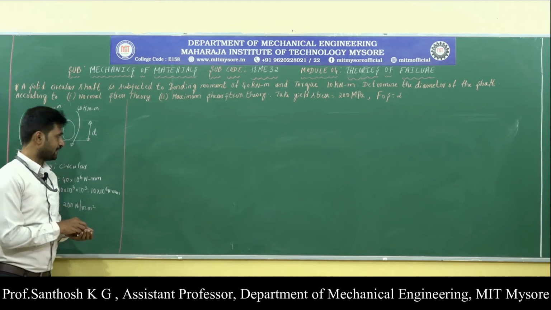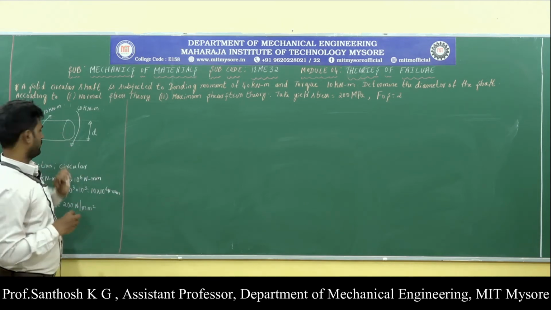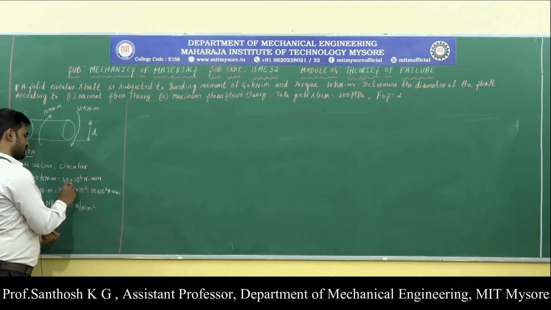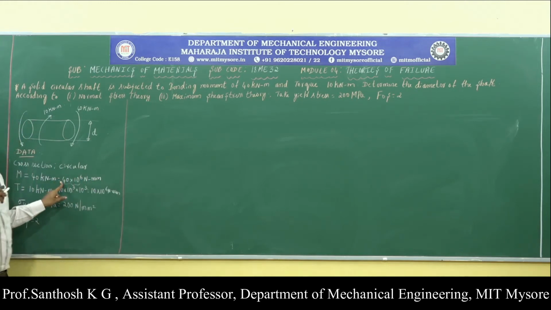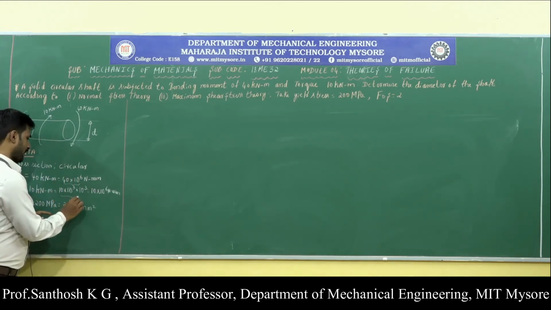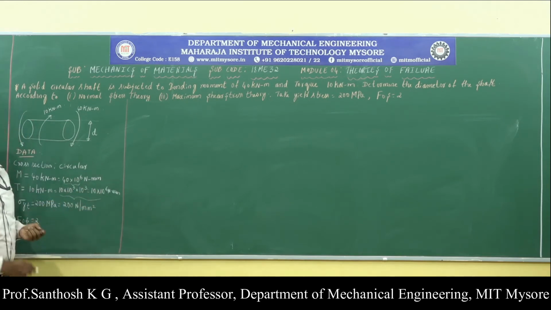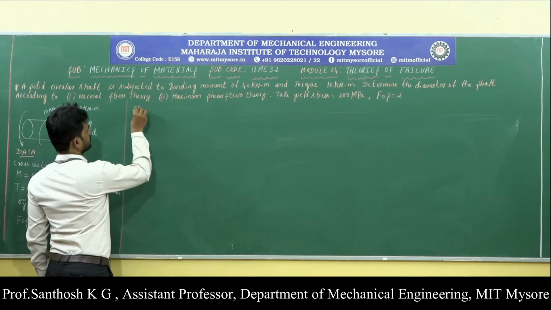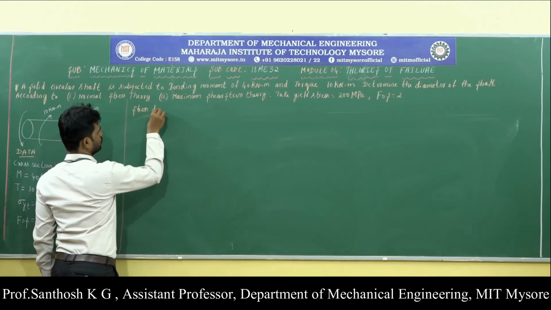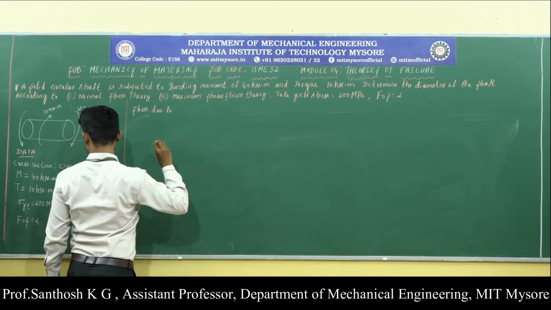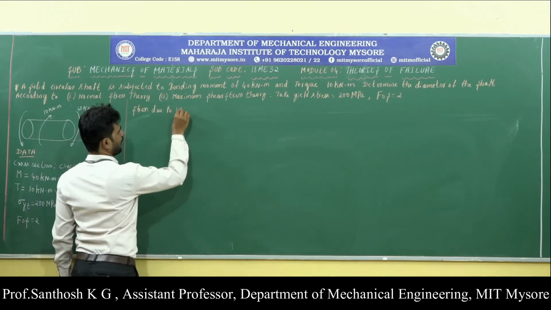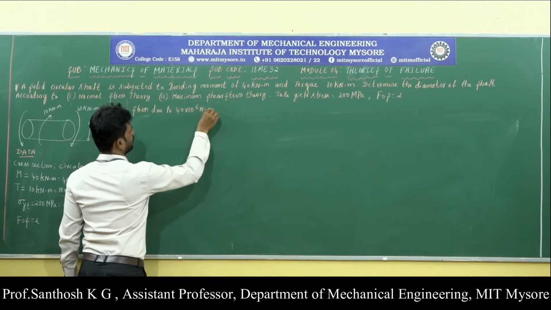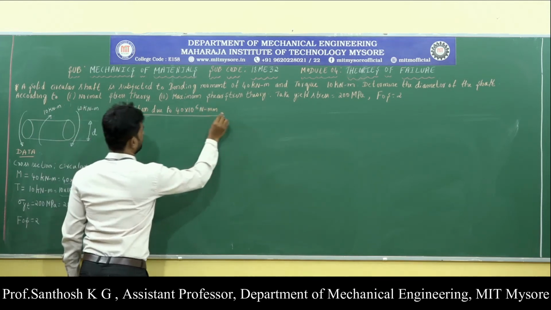So, before finding the diameter, first let us try to see what are the different types of stresses that will be induced due to the bending moment M and the torque T. First, let us calculate the stress due to the bending moment of magnitude 40 into 10 to the power of 6 Newton millimeter.